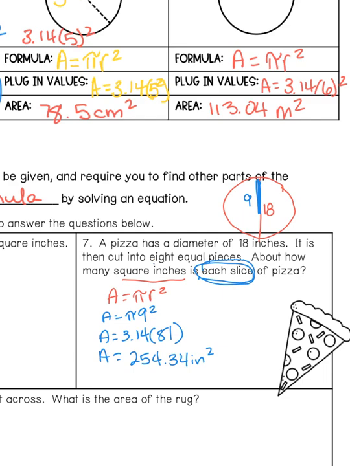Well, if it's cut into 8 pieces, what should I do to figure out how much is in one slice? I'm going to divide it by 8, because that way I know what one slice is. So 254.34 divided by 8 is going to get you like 31.7925. So we're just going to round that, and we're going to say 31.8 square inches per slice.